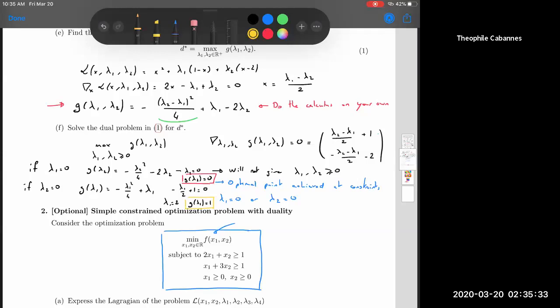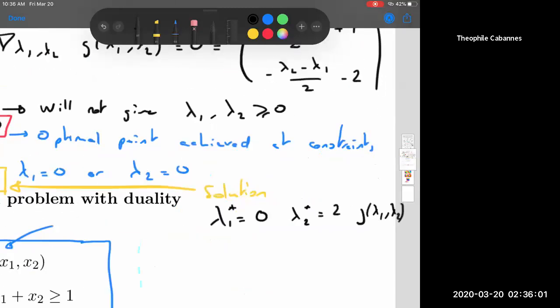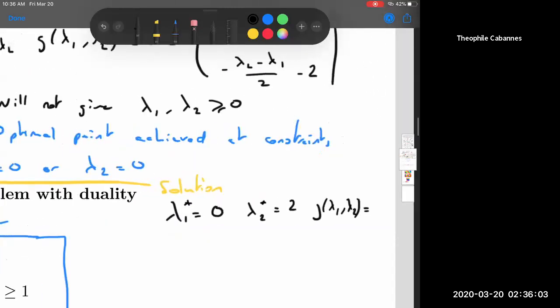So this is the solution, because you want to find the solution that maximizes j of lambda1, lambda2. So the solution is just lambda1 star is equal to 2, lambda2 star is equal to 0, and j of lambda1, lambda2 is equal to 1.